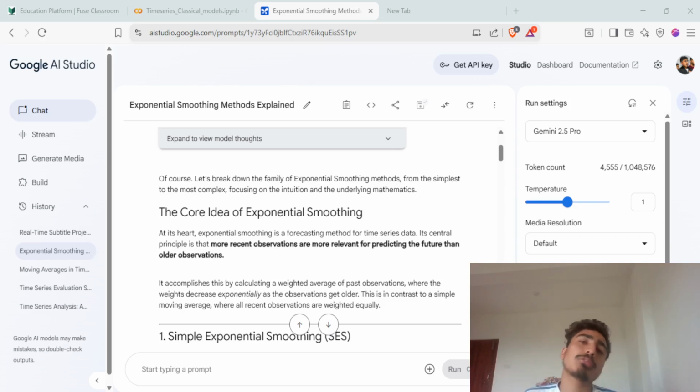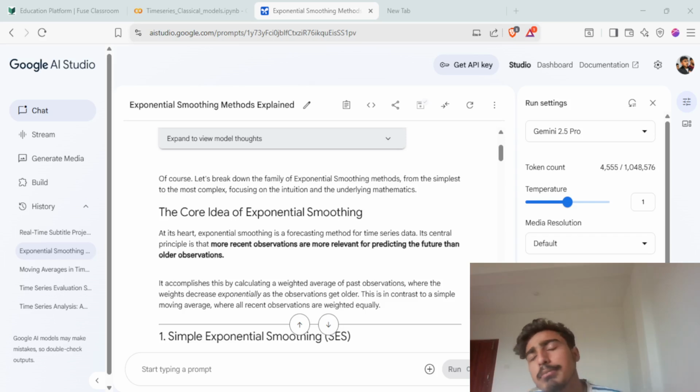Exponential smoothing is a technique for forecasting time series. We already know about this, and exponential smoothing is based on the principle that recent observations are more relevant than older ones for efficient forecasting and accurate model results.